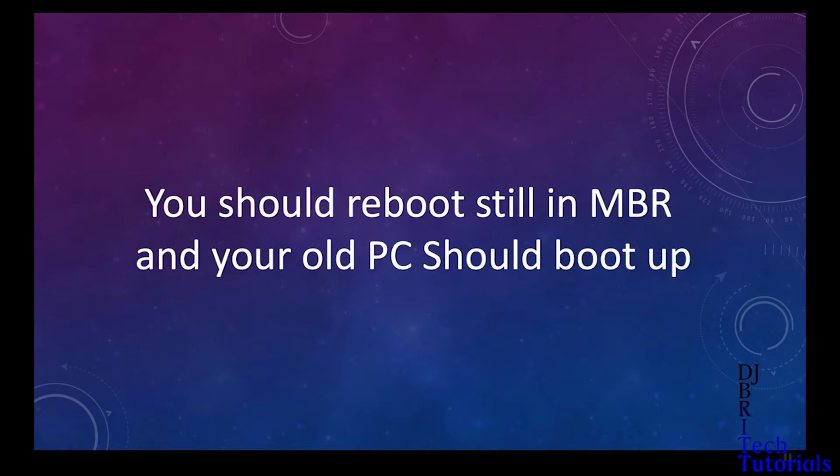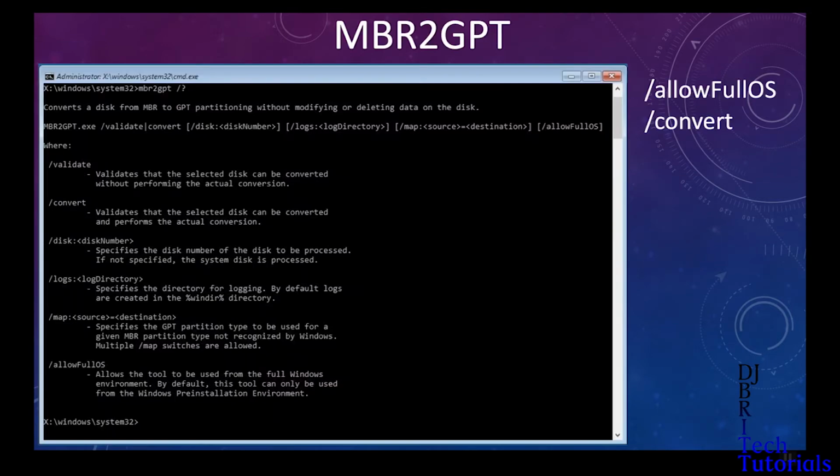So it's going to reboot, and it hopefully should start up your old computer on your new drive with MBR still enabled. You're going to then open up an administrator command prompt and type MBR to GPT, just like it shows right here. If you do /?, it'll give you all the commands.